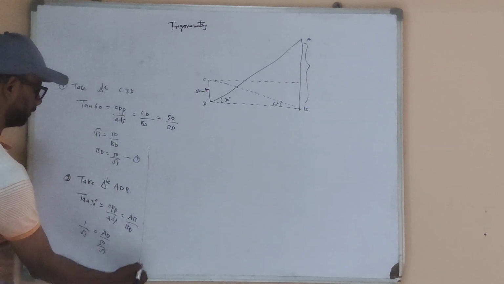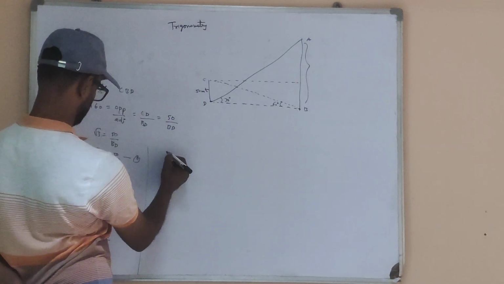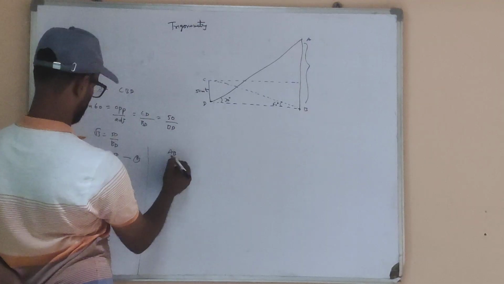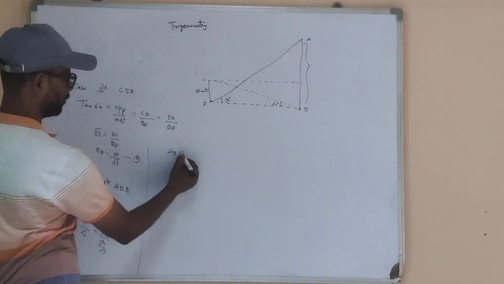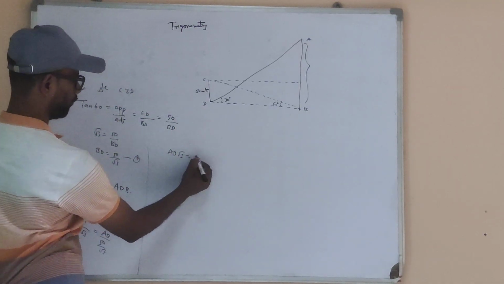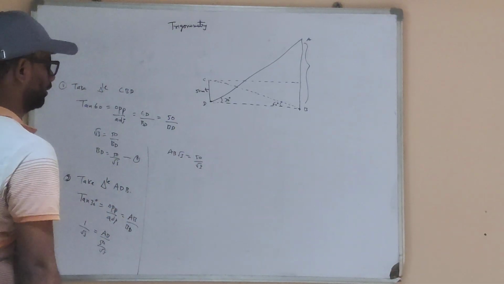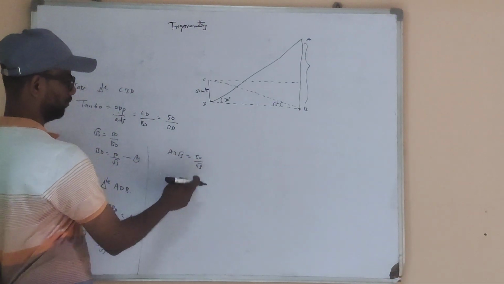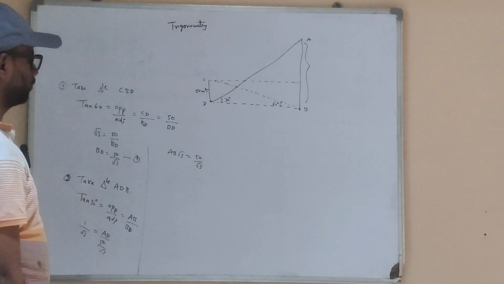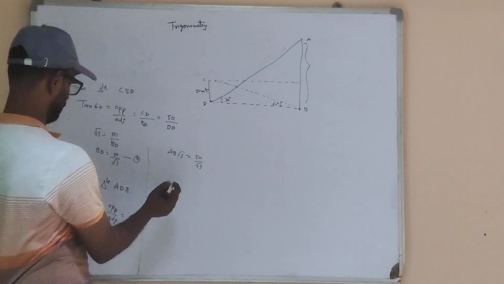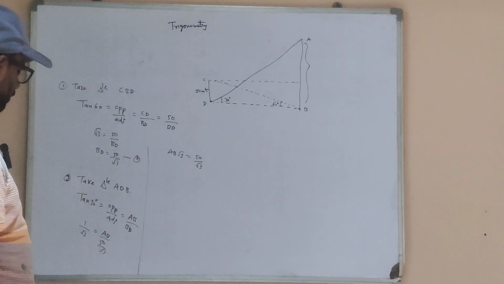On solving, what will we get? Cross multiplication: AB root 3 is equal to 50 by root 3. Okay. So again, what happens? Root 3 into root 3 is 3. Am I correct or not?